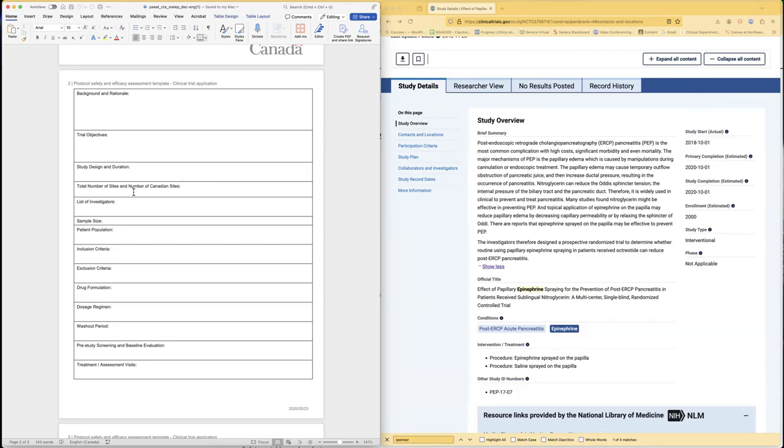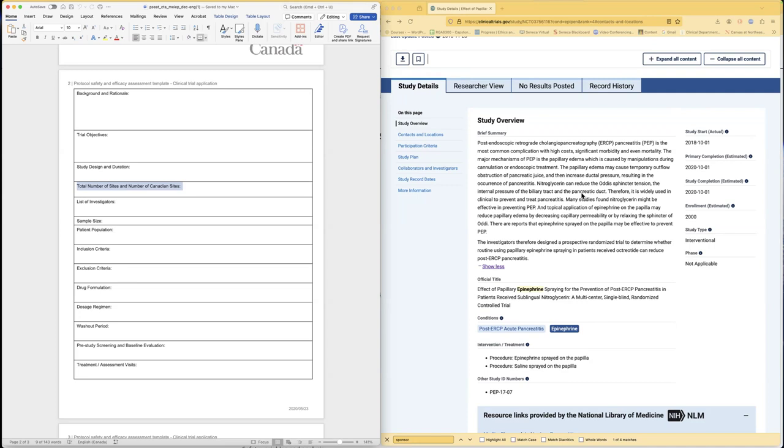So continuing with the PSEAT form for the CTA application for Health Canada, we're also going to look into, again, the total number of sites and number of Canadian sites. Now, of course, if this is a CTA, we need to have a minimum of one Canadian site as well.